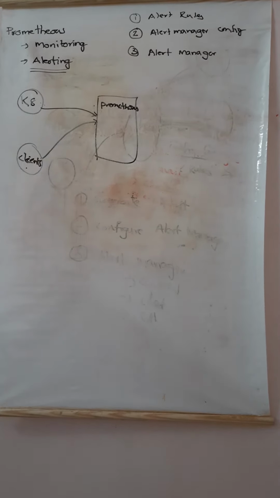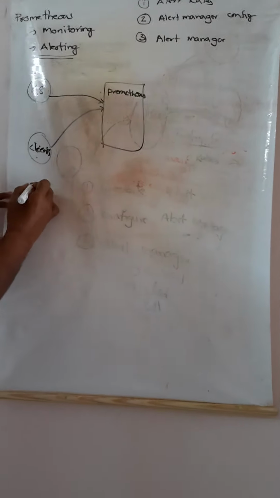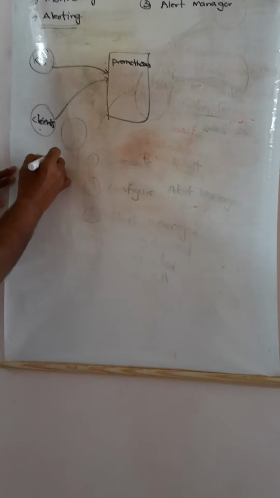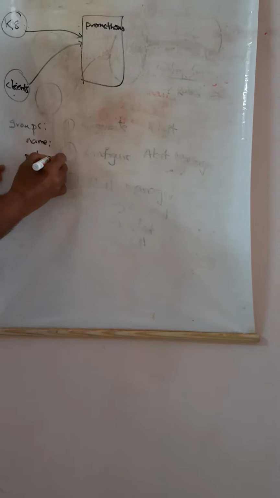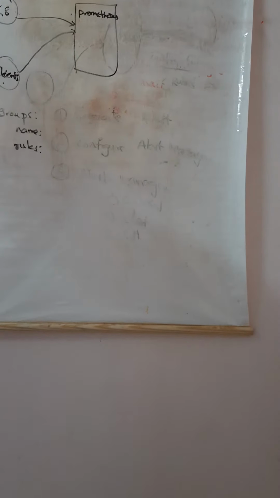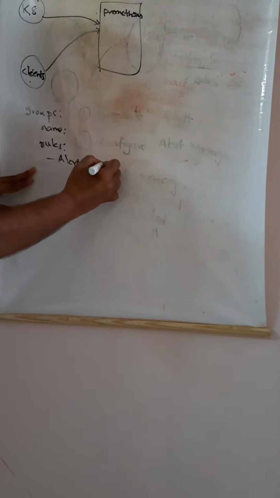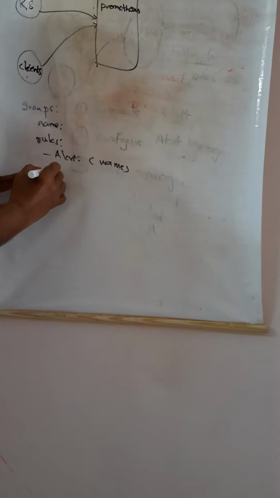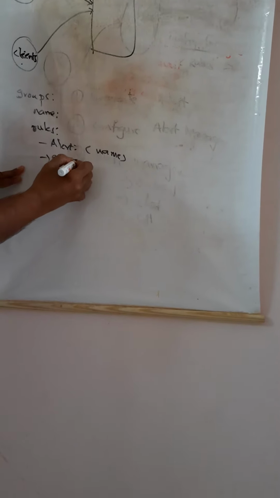So an example of rules can be something like you can have a groups section, groups, and group name, and then you can have rules section, and under rules section, here you can have alert with the name of the alert, and here you can have the expression when you want to raise this alert.